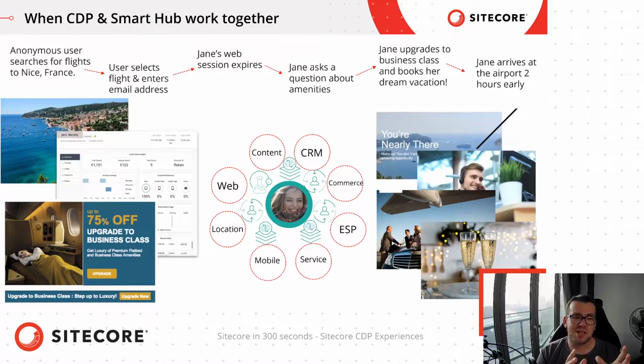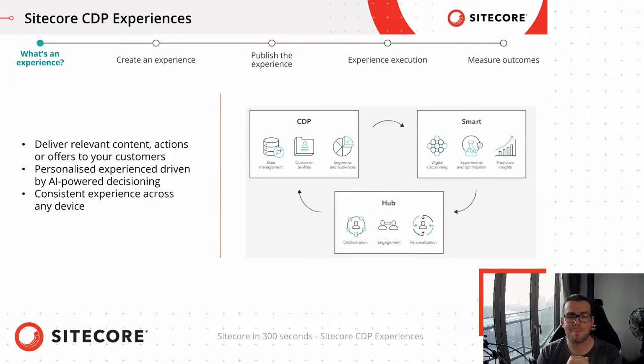Right, so this is really an example of how all those channels, for example in an airline, can come together and offer this seamless experience across all of these channels, with the right context, really focusing on the experience that this customer is having.